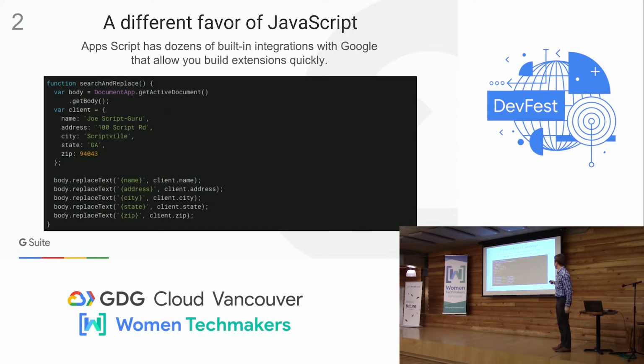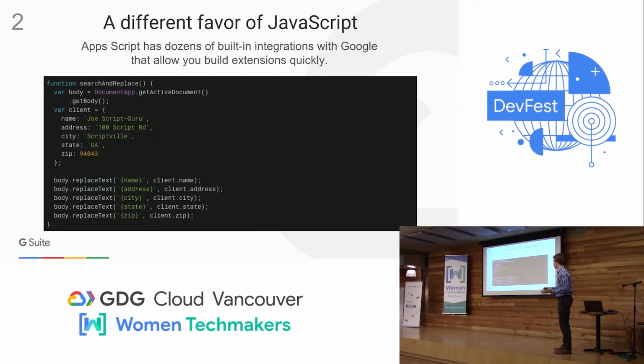For example, here's a Google Docs extension that searches and replaces some text programmatically. Let's say you have a Google Doc, and you want to create 100 invoices, but you don't want to create them all manually. Maybe you want to have a JavaScript object with the name, address, city, state, and zip, and then replace the text in an existing file.